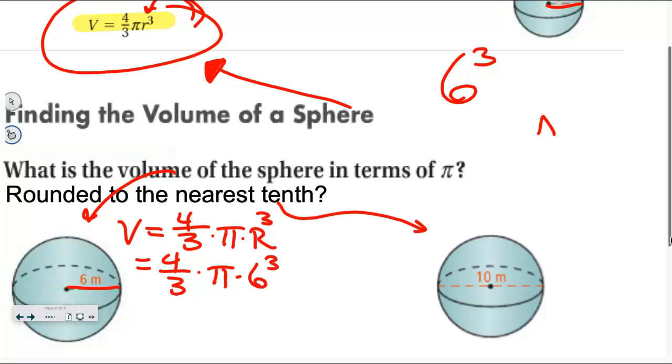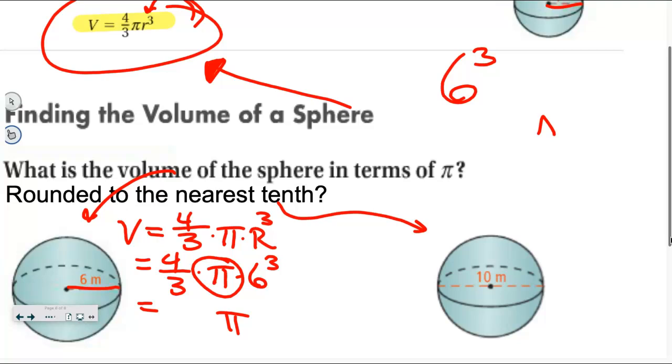Just plug it in. Then on your calculator, you do everything except the pi. So to do 4/3, just do 4 divided by 3 times, and then the 6, and then the cube. And don't enter the pi on your calculator again when it says in terms of pi. So 4 divided by 3 times 6, and then do your to the third power.